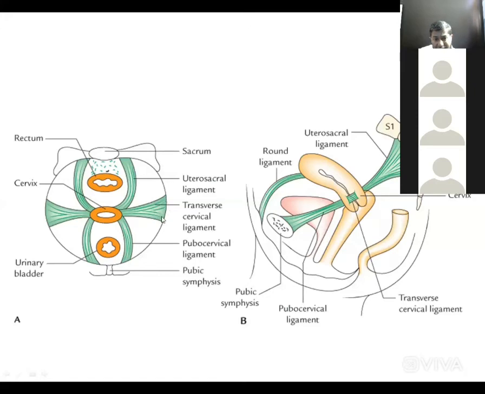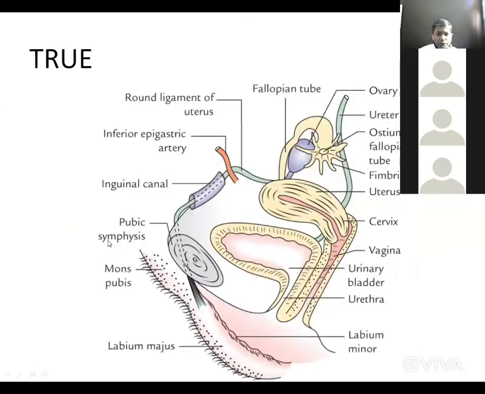Then the uterosacral ligament, as the name suggests, is attached to the uterus and goes posteriorly, attached to the second sacral bone, S2. The third one is the pubocervical. Name itself suggests, don't mug up the things. It is attached to the cervix and anteriorly attached to the pubic bone. So these three are very easy to remember.